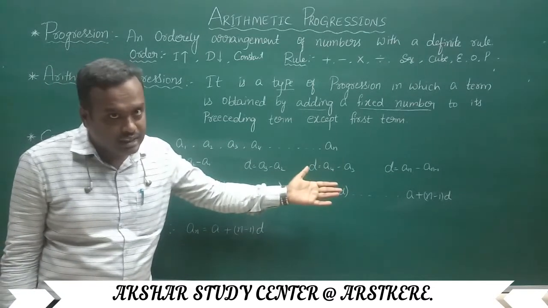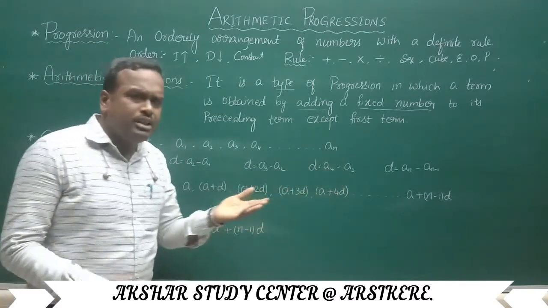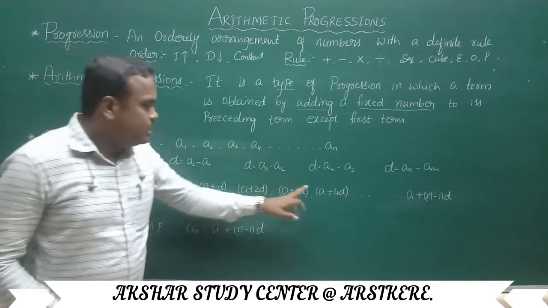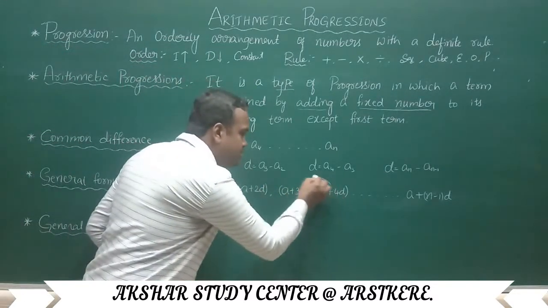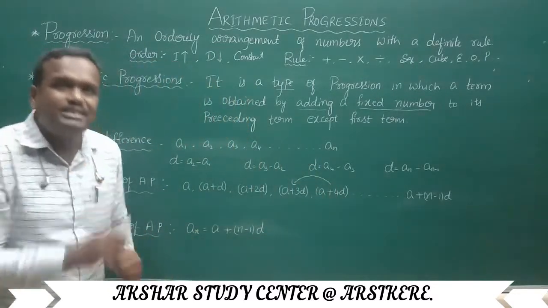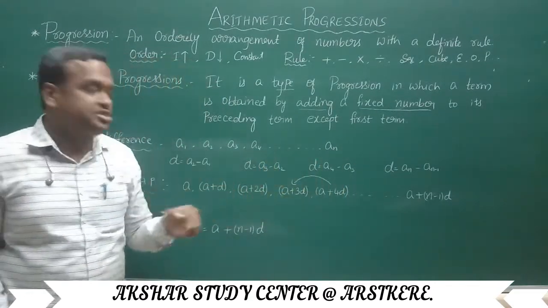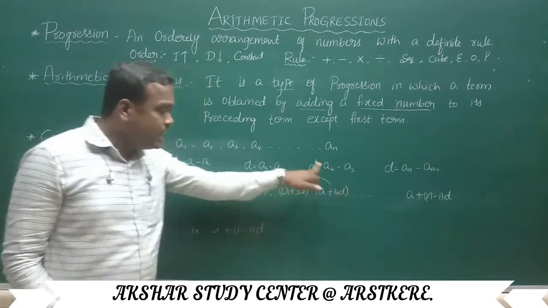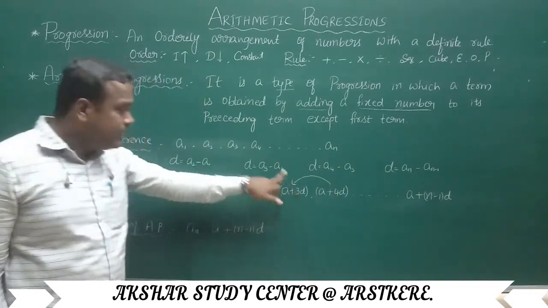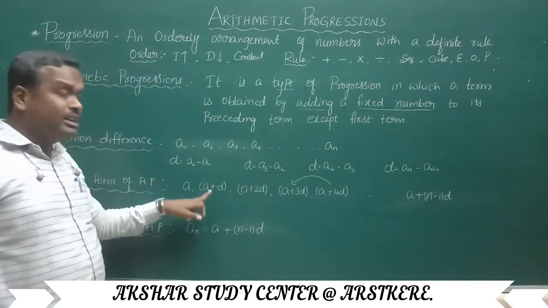Got it? Clear? Yes. At the same time, let us think in reverse order, coming from this term to this term. Exactly, if you move forward, it is addition; if you move backward, it is subtraction. Here 4D is there. Coming back, 3D is there. Again come back, 2D is there. Again come back, D is there.